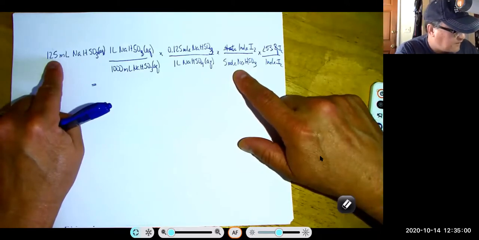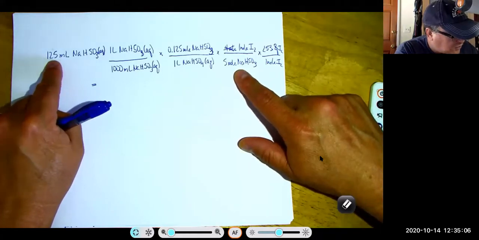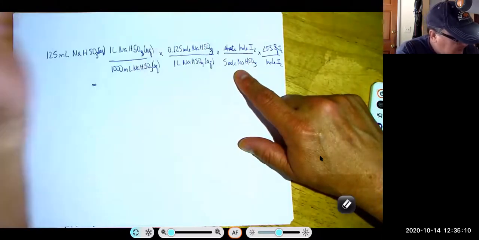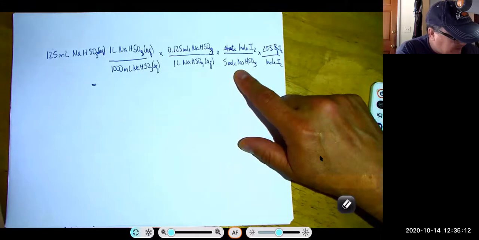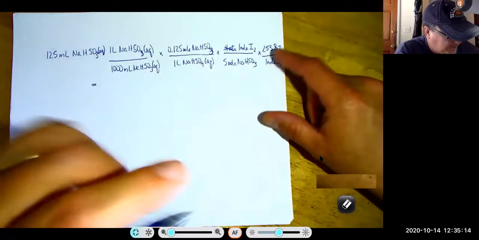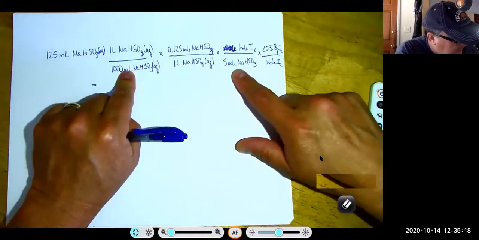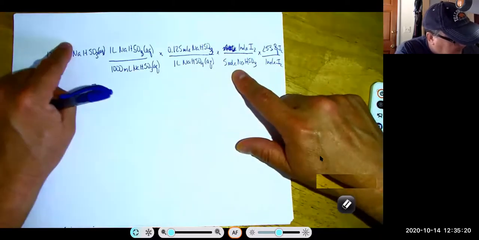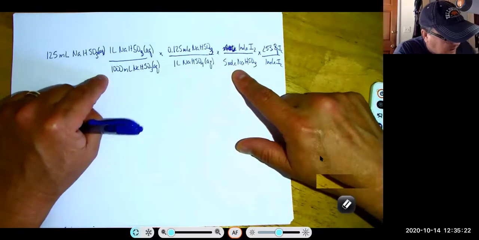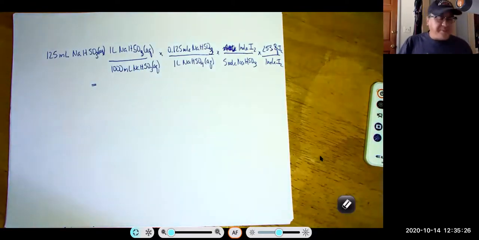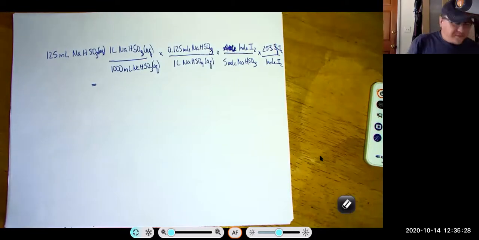Yeah, 25 times. 25 divided by, now I'm getting lost. 4. This will go into that 5 times. So we have 5 over 4 times 0.125. And so the answer is going to be around 0.14.